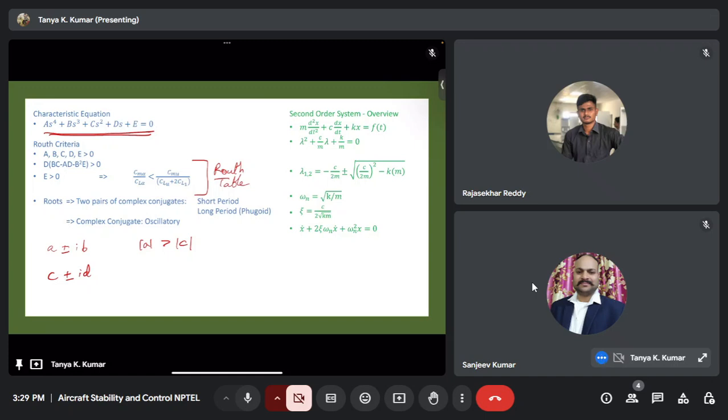The term greater in magnitude corresponds to short period, and this one is the long period.